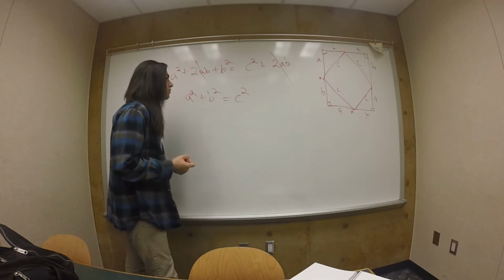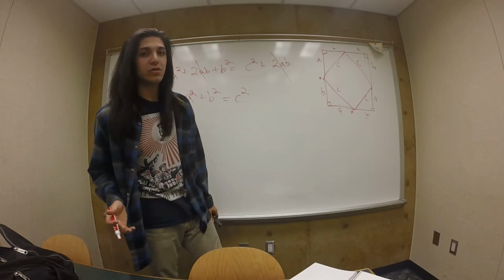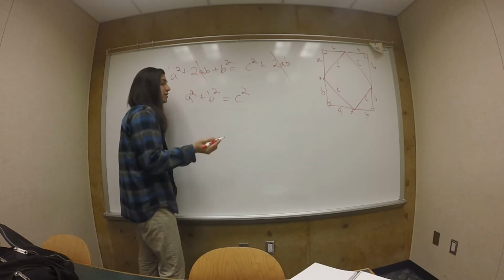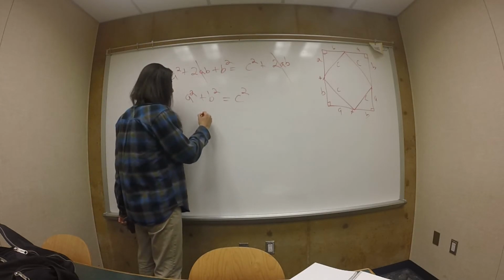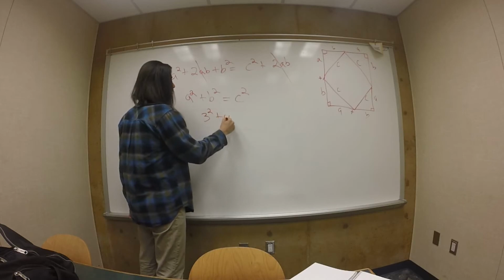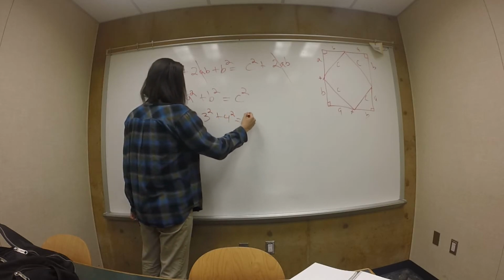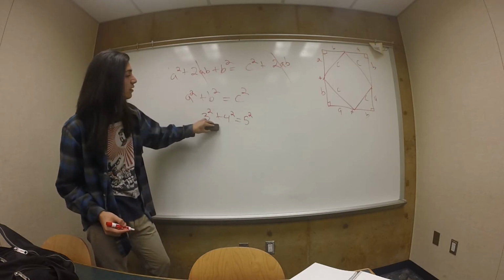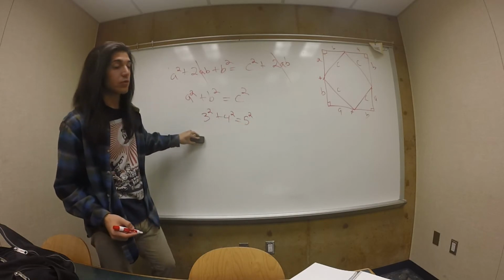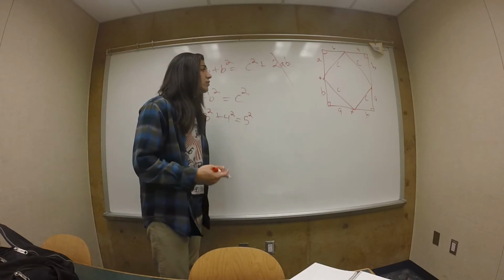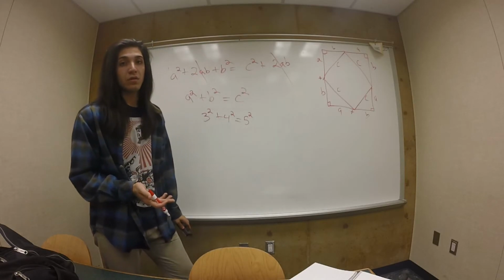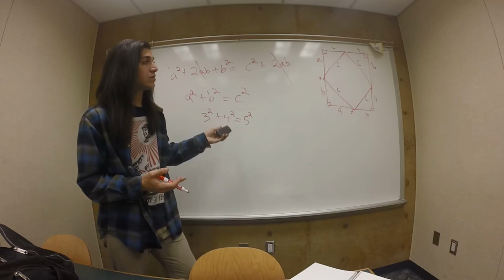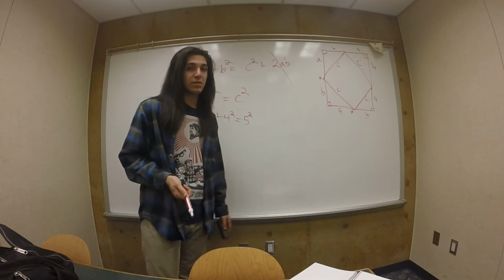So it goes back to such things as Pythagorean triples, which was mentioned earlier in the video: 3 squared plus 4 squared equals 5 squared. Now we proved why Pythagorean triples always work and why this theorem always works on a right triangle. The a and b squared always equal the c squared.